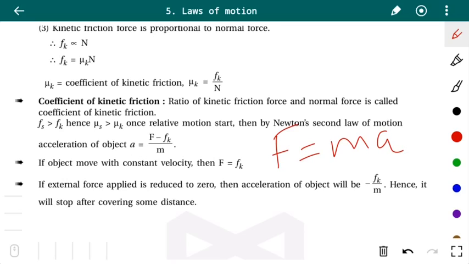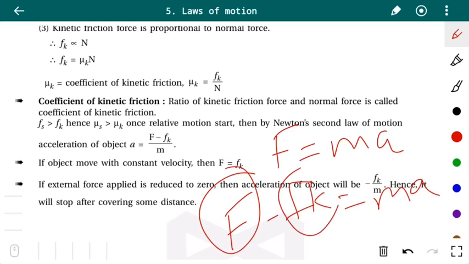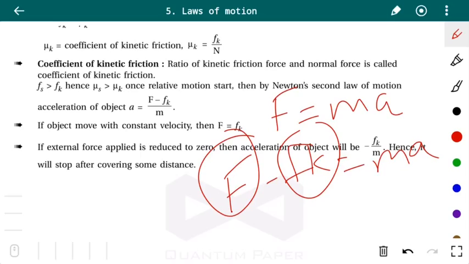Here, F minus Fk equals ma. Here F is the external force, Fk is the kinetic frictional force. Because both are in opposite directions, we are writing the minus sign. So from this equation we get acceleration a equals F minus Fk upon m.